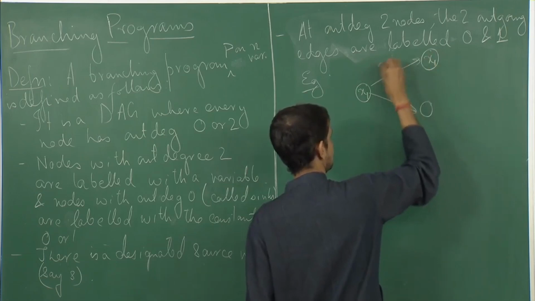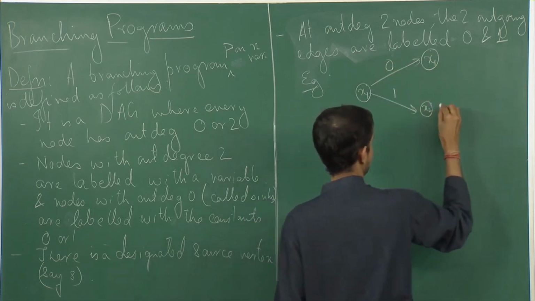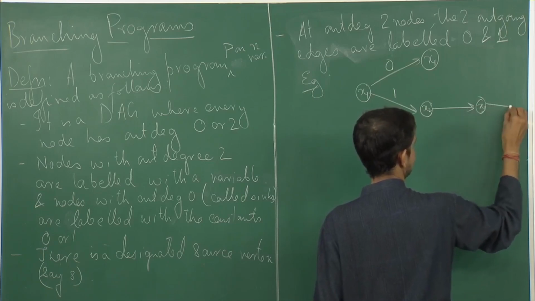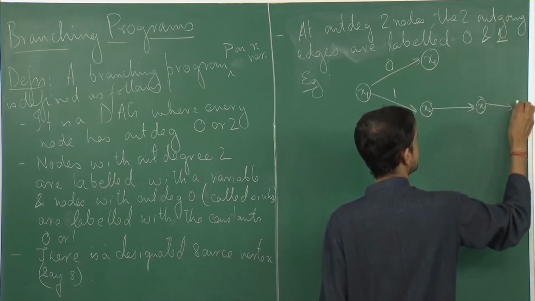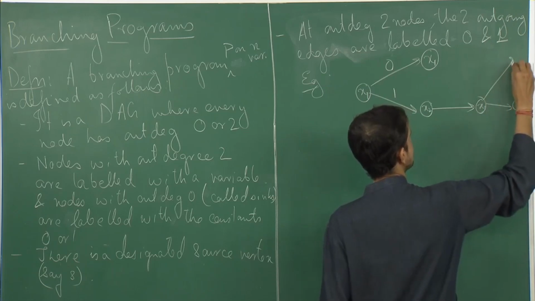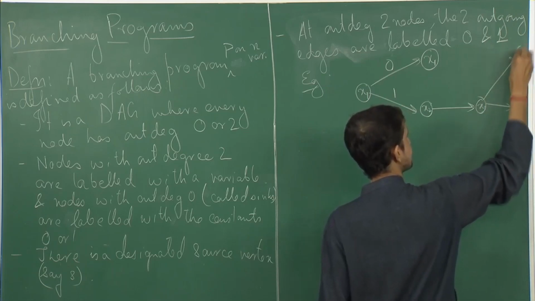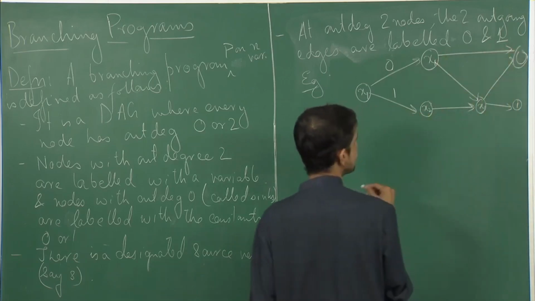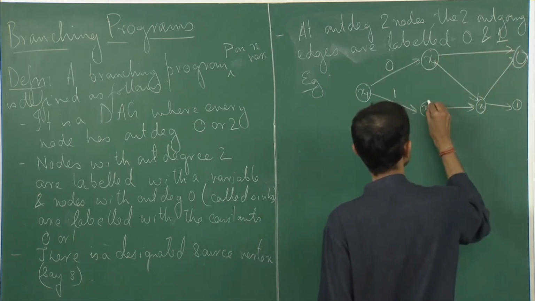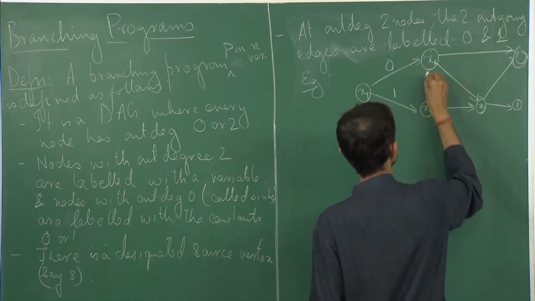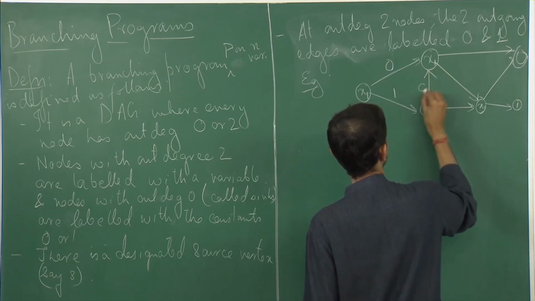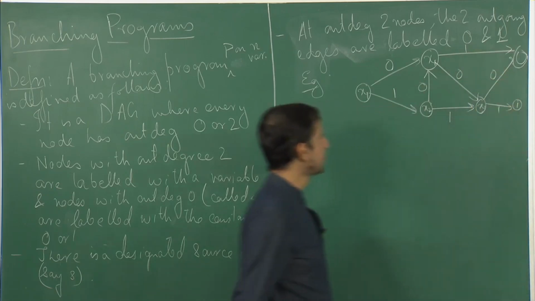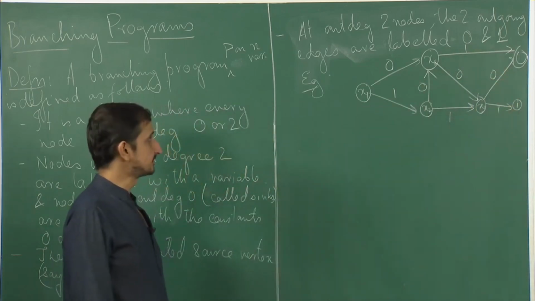Let's say this is 0, 1, x2, x3, 0, 1, 0, 1, 0 and 1. Okay, so this is an example of a branching program.